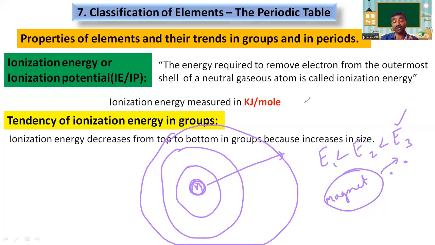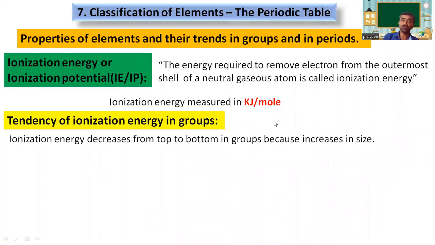Attraction power of the nucleus decreases depending on the distance. As the distance from the nucleus increases, nuclear attraction power decreases, and it is easy to remove the electron from the valence shell. So when the atomic size increases, automatically ionization energy decreases. Less attraction power, less energy required to remove the electron from the valence shell.